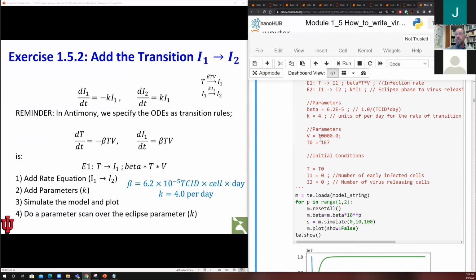In this case, the number T0 is how many uninfected cells I started out with. Because I'm going to need to use that number later on, I'm making it a parameter and then assigning the initial number of cells to be that. I can put a semicolon here. That doesn't change the simulation that I'm doing at the moment, but it makes the number T0 available in the future.